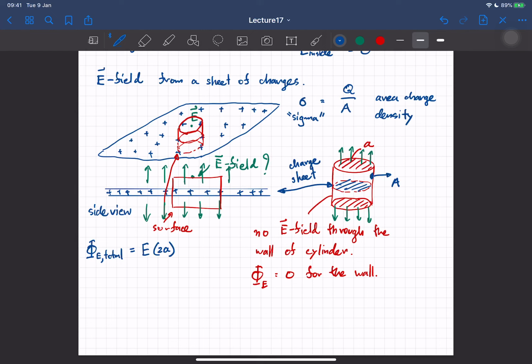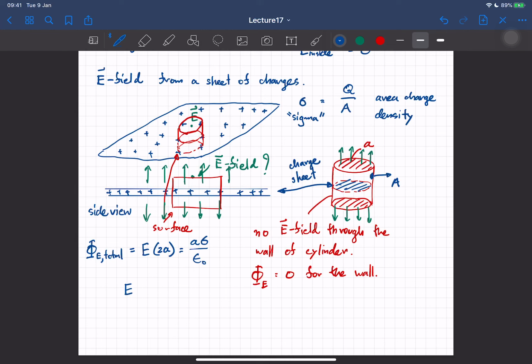Again, we don't count the wall because the flux through the wall is zero. And that's going to be equal to Q inside. Q inside this cylinder is the area of the charge sheet, which is also small a, times the charge density, right? So the charge enclosed by this cylinder is small a times sigma, the charge density. That's going to give you Q, divided by epsilon 0.